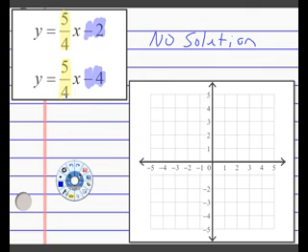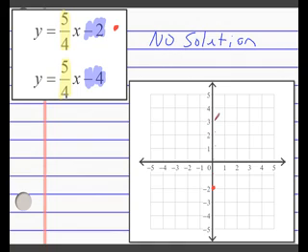But to make sure that you can really visualize this, let's go ahead and graph these. Let's do the top one as red. We're going to go to negative 2 on the y-axis and put our dot there. And our slope is positive 5 over 4. So I'm going to count up 5: 1, 2, 3, 4, 5.